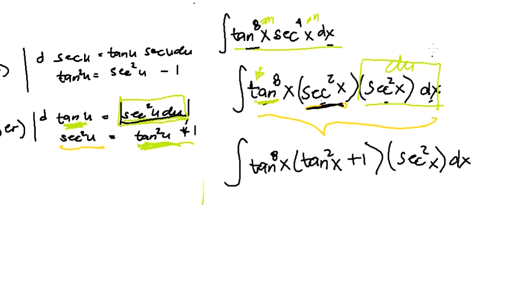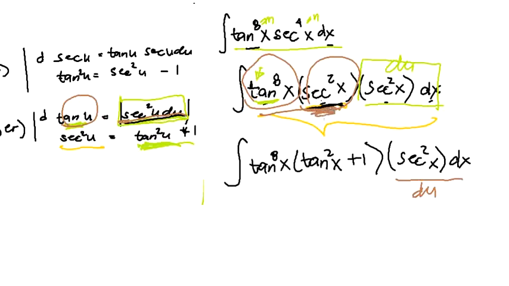Let us review what we have. For type 2 we will use this technique. We need to isolate secant squared u du because this will serve as the derivative of tangent. That's why we need to convert all of our remaining terms in the form of tangent. So we have tangent 8x, but we have here the secant squared x.